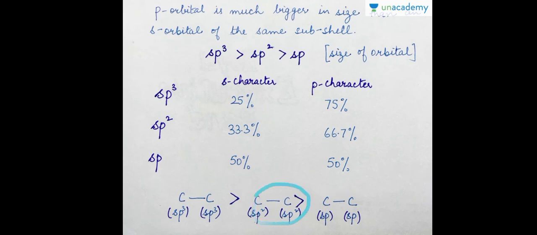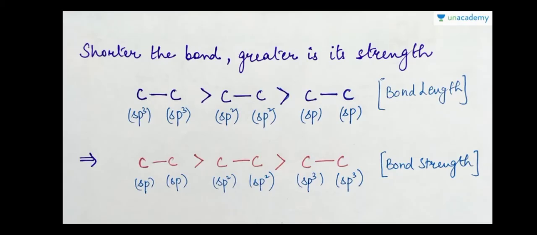Now, based on the bond length, we'll see how the bond length affects the bond strength. That is, how strong the bond is. So, the shorter the bond, the greater will be its strength, because both the atoms would be tightly bonded to each other.